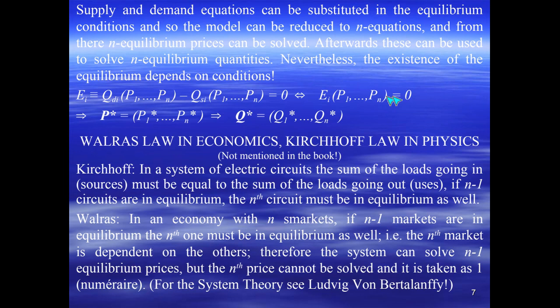All these excess demands should be 0 at the same time, simultaneously. If they are 0 simultaneously, we obtain an equilibrium price vector, P star, which is P1 star to Pn star. This is a vector. Each equilibrium price is an entry of the vector, so we have a vector of n elements. And from there, we obtain Q1 star to Qn star, the equilibrium quantities, and they form the equilibrium quantity vector Q star. You see?